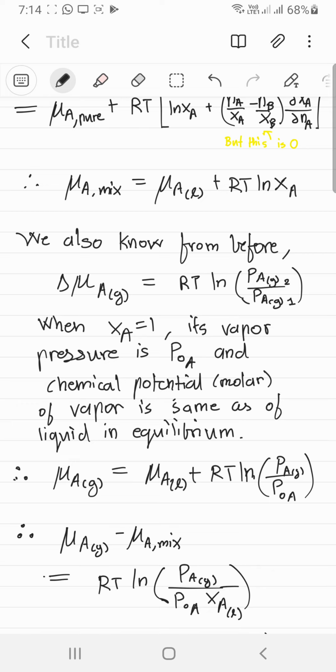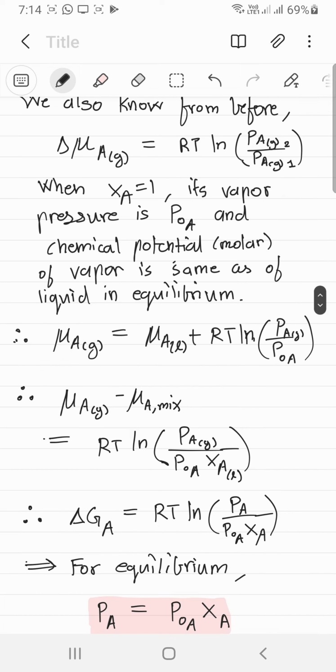So when Xa equals 1, its vapor pressure is P naught A because it's a pure substance, and we just defined it to be P naught A. And the molar chemical potential of vapor is the same as that of liquid in equilibrium, because the change in the Gibbs free energy must be 0, and that means the chemical potentials must be equal, right?